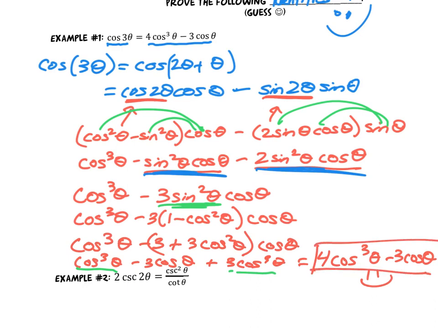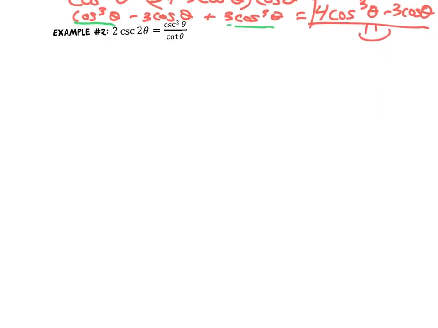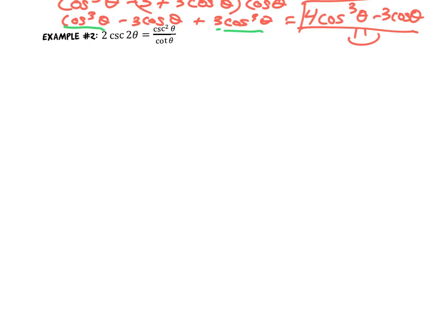All right, let's take a look at example 2. It looks like when I'm trying to prove this identity that I'm going to have to kind of play with both sides. So let's do the left side first. So first off, 2 cosecant 2 theta is the same thing as 2 times 1 over sine 2 theta.